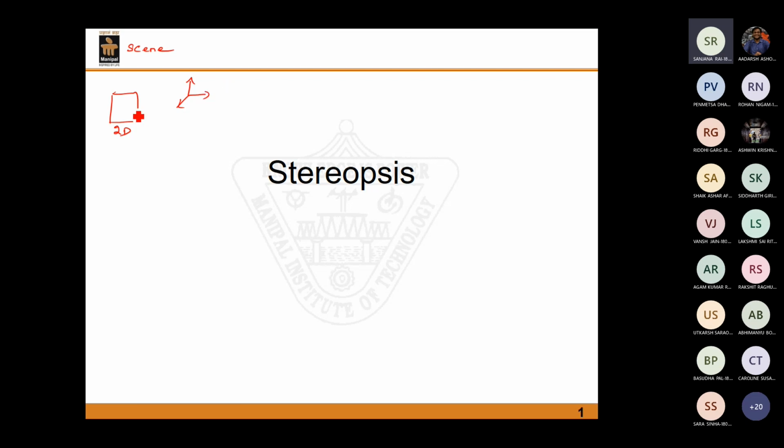Now, when I say I want to reconstruct the 3D scene from the 2D image, what I mean is that if I have a point in the 2D image, right? Given a particular point in a 2D image, I'm trying to find out the corresponding 3D point for this particular 2D point.